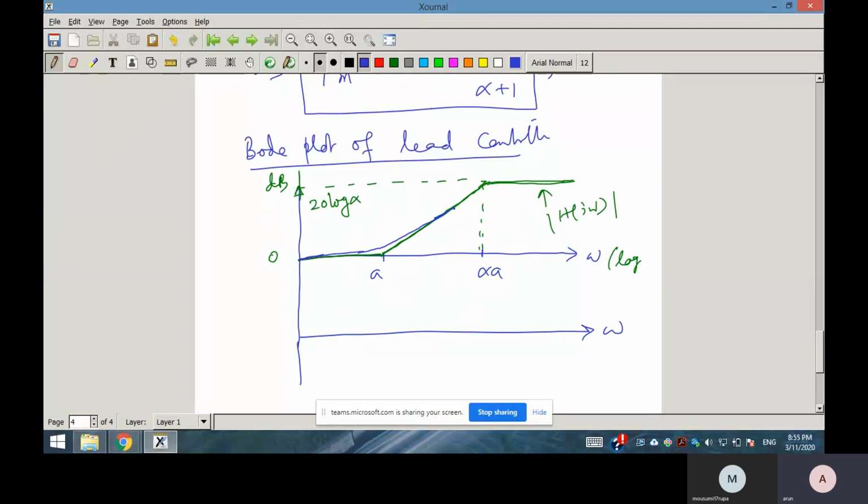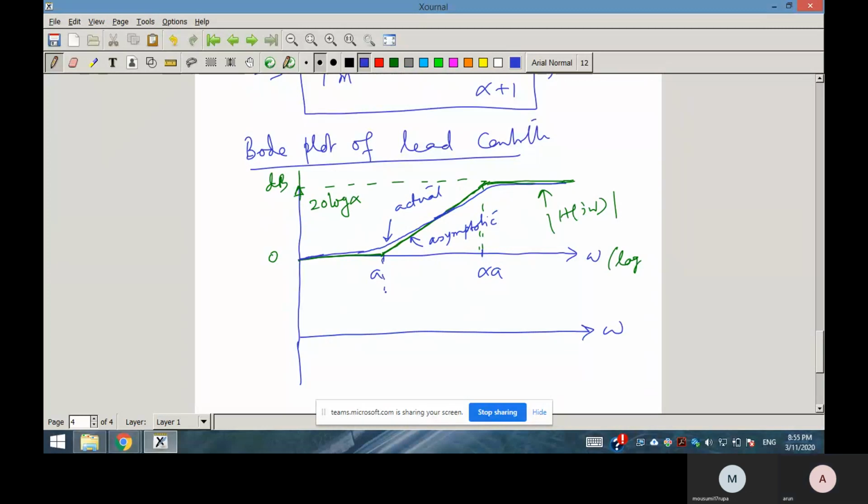This is your actual plot, and this is the asymptotic. We are not bothered about whether it is actual or asymptotic, either will suffice.